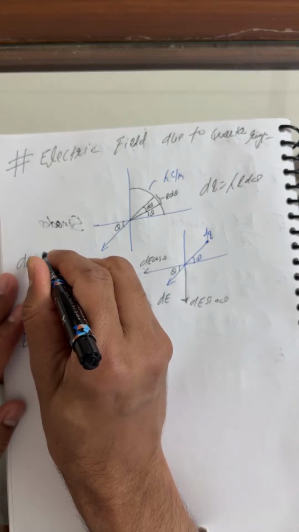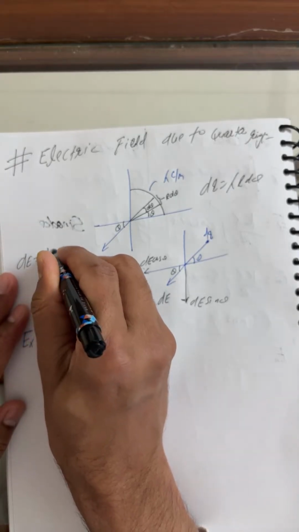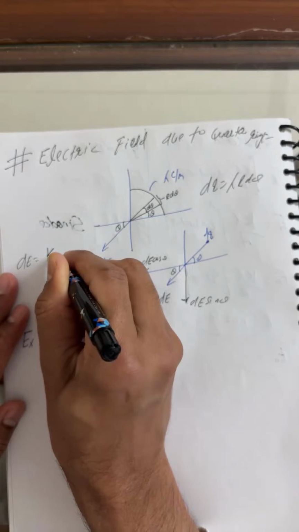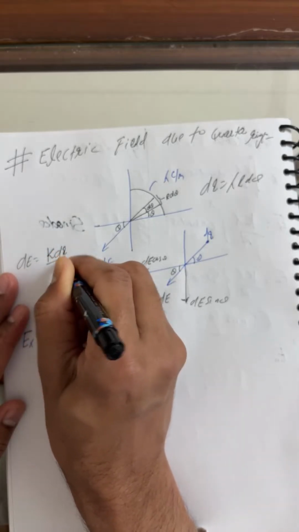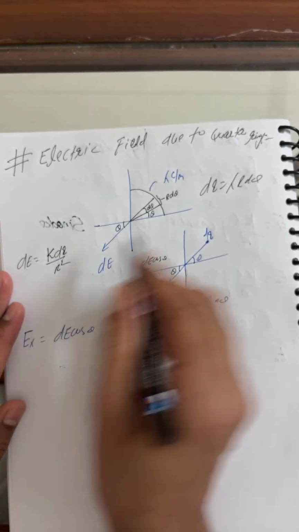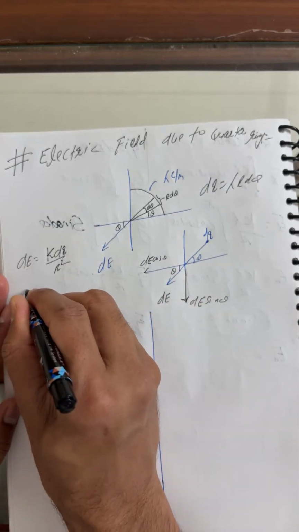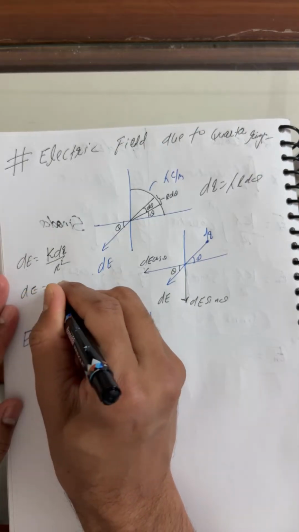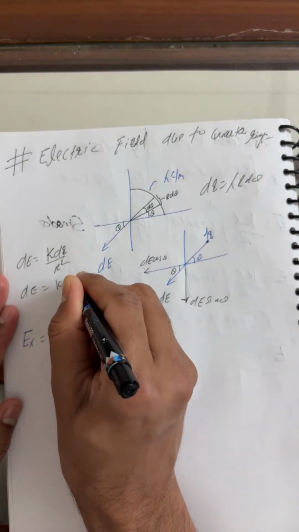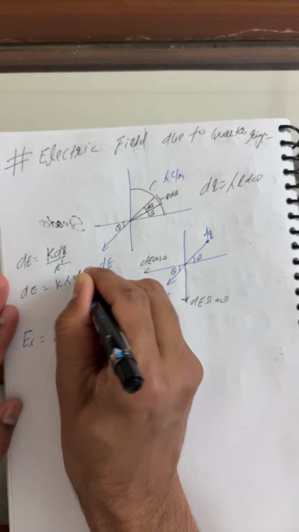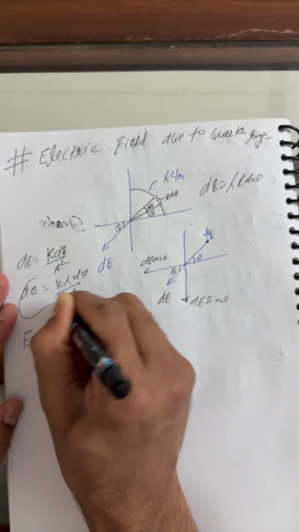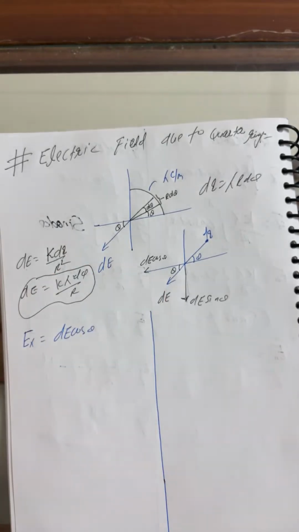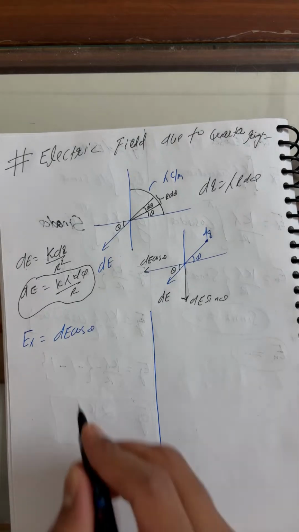For finding dE, I'm using the electric field due to a point charge, k dq by r squared. So I can fit the value of dq here, which we already calculated. So dE is what? K lambda dθ upon r.